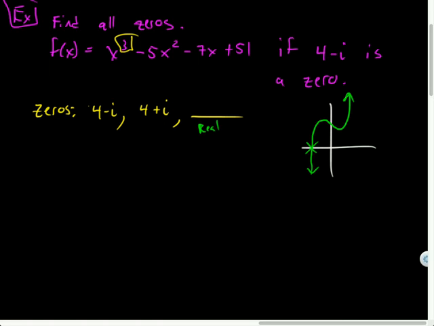So in order to find that, this is kind of an interesting strategy. Let's find the depressed polynomial that has these 2 imaginary roots.